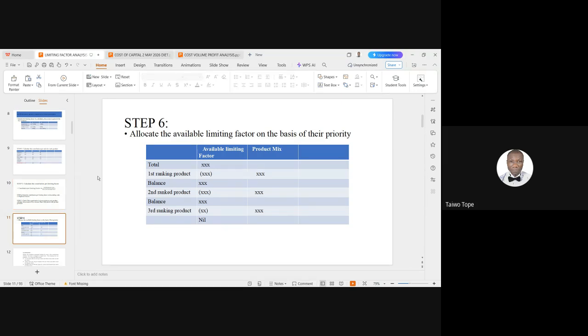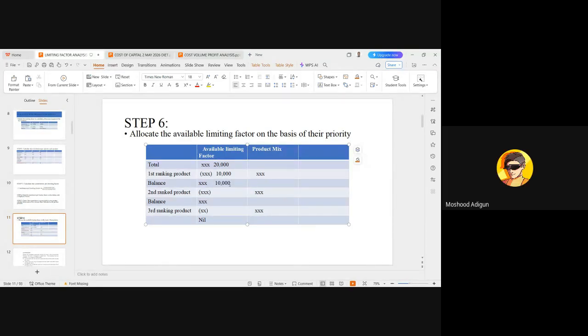So the resource you have, let's assume you have 20,000 as the available raw material and product A is ranking first and product A needs overall 10,000 kg of the material. What will you have left? If you use 10,000 out of 20,000, you have a balance of what? Of 10,000.